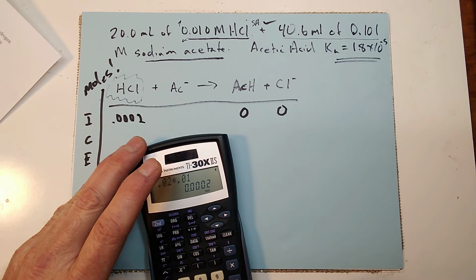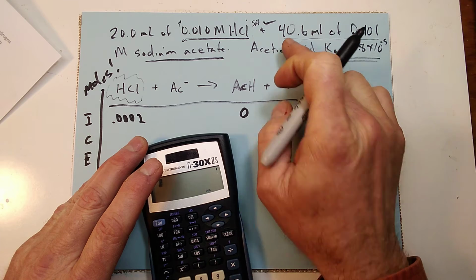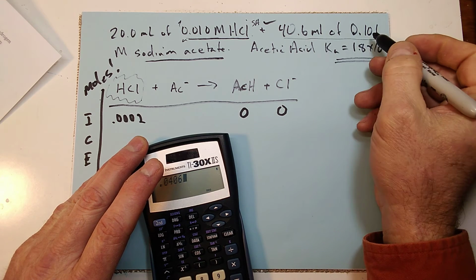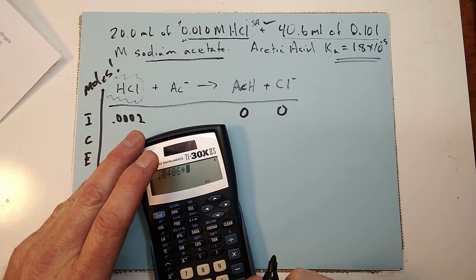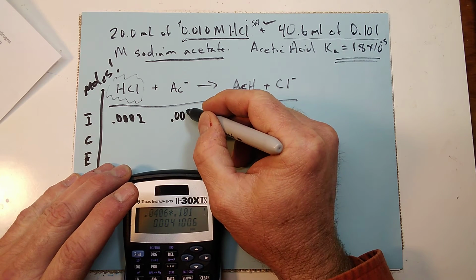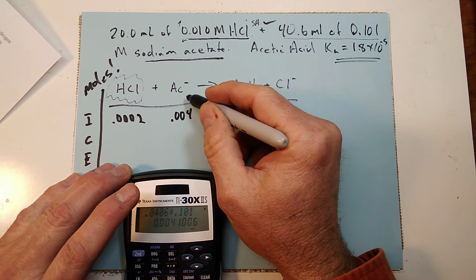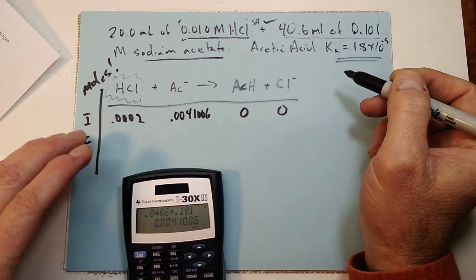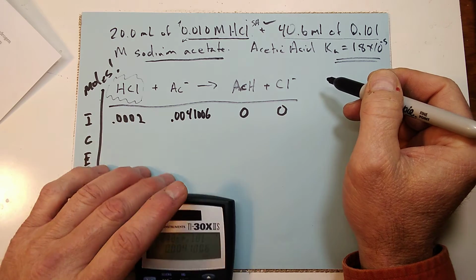But I also have, and again we made that change from acetic acid, now we know it's sodium acetate. So I have 0.406 liters, and I'm going to multiply that by the 0.101, and that'll give me the amount I have initially of my acetate. So we have now the amounts of both reagents.